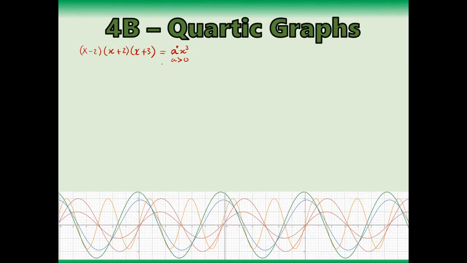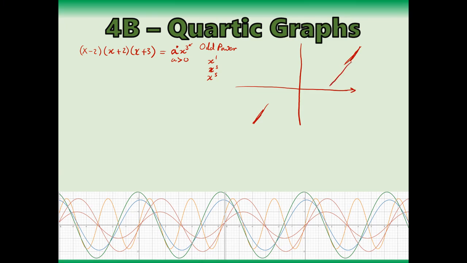So we can make some generalizations about other powers of x as well, as long as the power of x here is an odd power. So it could have been x to the power of 1, 3, 5 or 7, it doesn't matter. The ends of your graphs will be in these two quadrants here, quadrant 1 and quadrant 3.